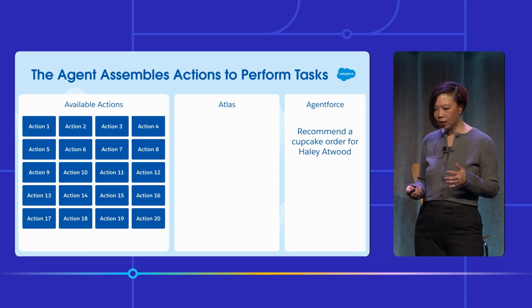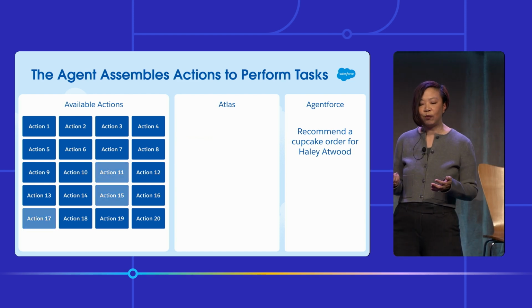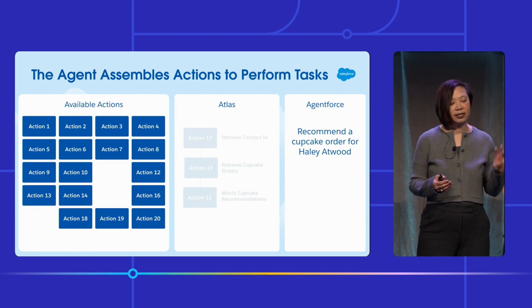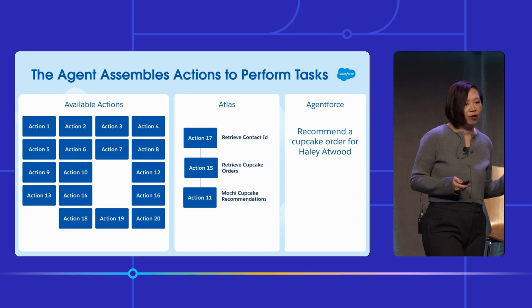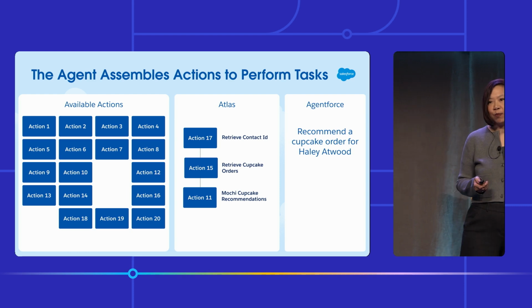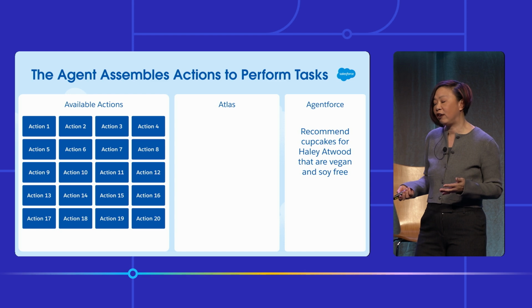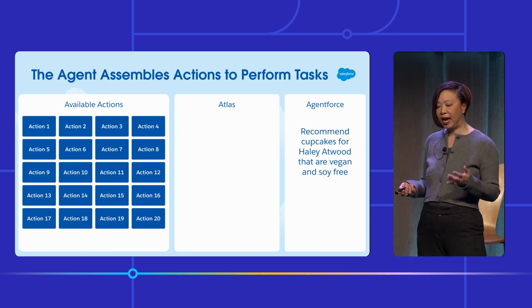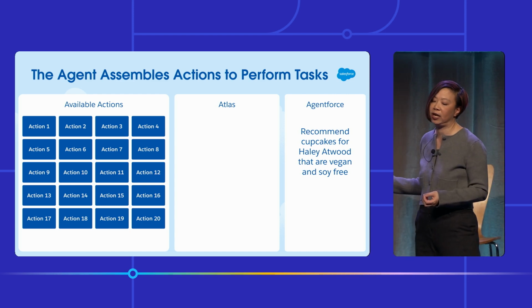And in this case, it used action 17 and action 2, retrieve contact ID and Mochi class recommendations. Now this other utterance is recommend a cupcake order for Haley Atwood. And in this case, it decided it needed 3 actions: retrieve contact ID, retrieve cupcake orders, and Mochi cupcake recommendations. Now the third utterance, recommend cupcakes for Haley Atwood that are vegan and soy-free, so these are the dietary restrictions.